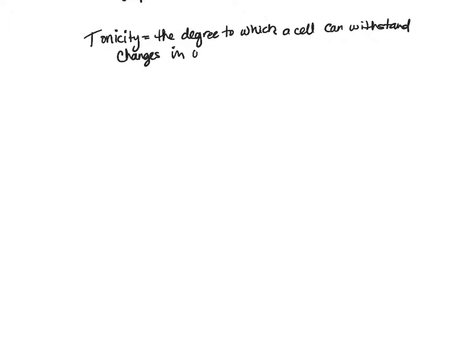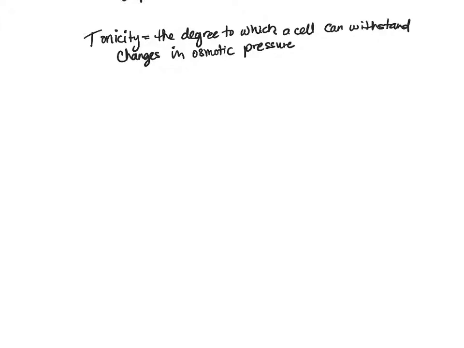Good. So our cell walls are going to help with tonicity, right? So they're going to help the cells have an increased tonicity. So withstanding the changes in this osmotic pressure.